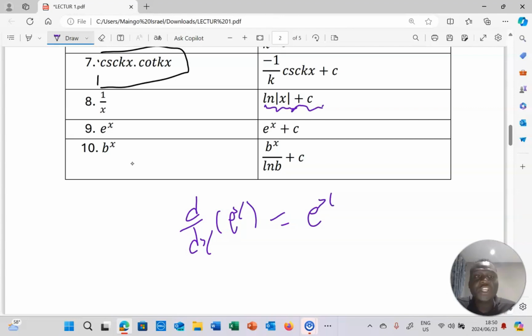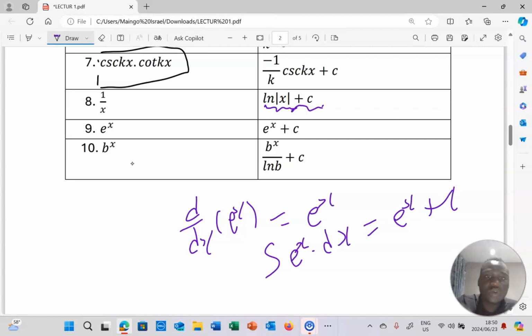So we ask ourselves, what do we differentiate to get e to the power x? Obviously, the integral of e to the power x dx is nothing but e to the power x plus a certain constant.